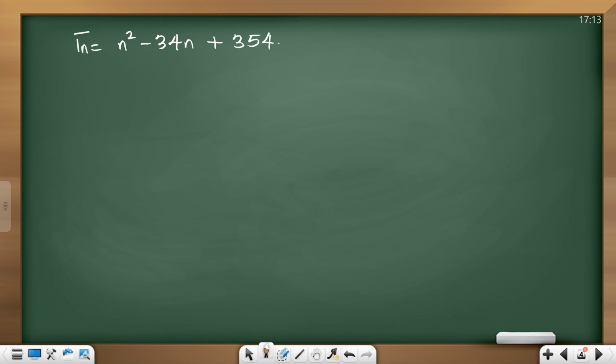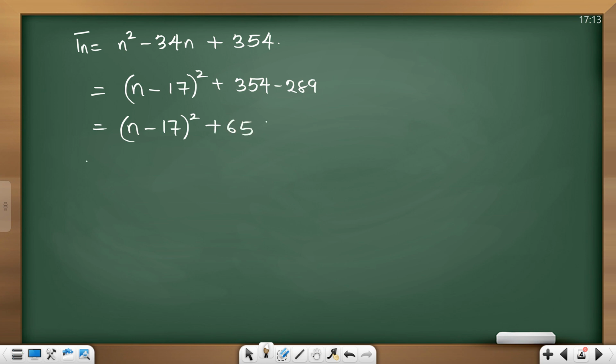I think we're using the wrong equation. n minus 17 squared plus 354 minus 289. What would that give us? Right. So T17 is the smallest. T17 is equal to what?